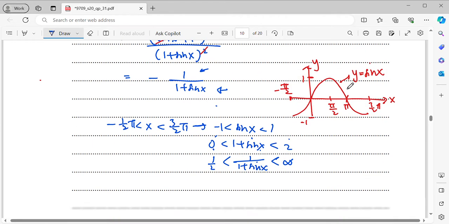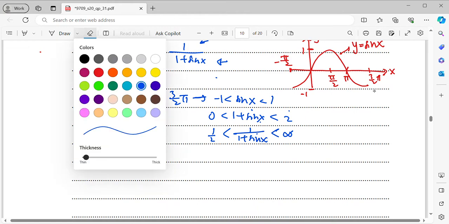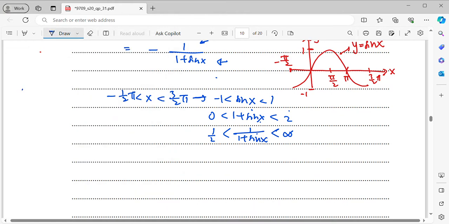We will not get exactly 1 over 0, but it is close to 0. So then from here, there is a negative here. That means when I multiply a negative to the inequality, you have to change the sign.